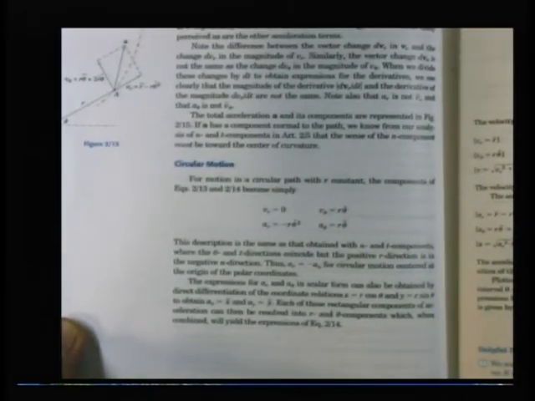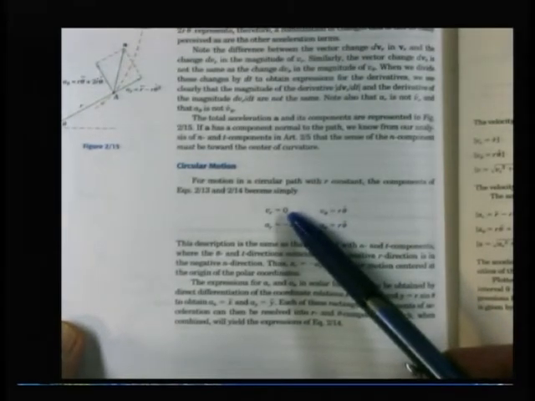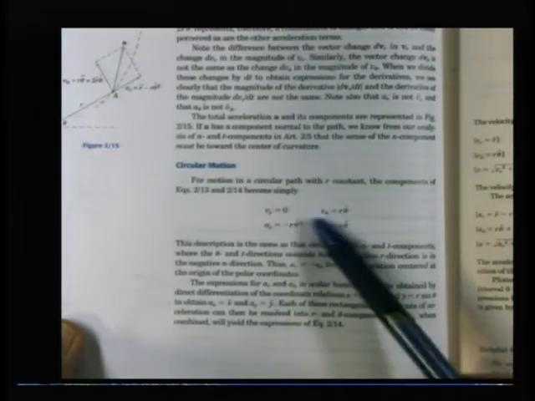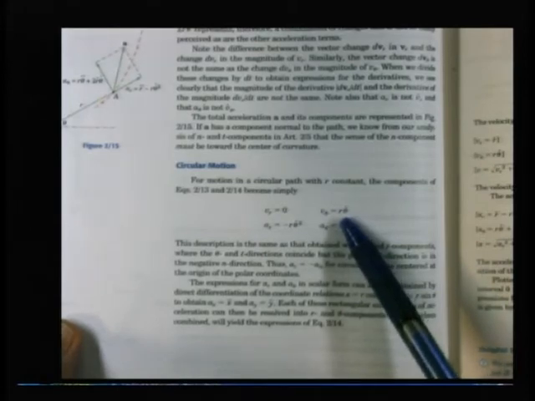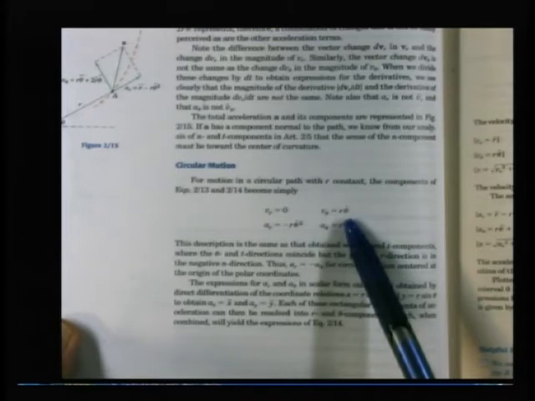In the case of circular motion, look what happens here. You're going to have no radial component of velocity if you're in circular motion. And your theta-directed velocity is your familiar r theta dot, or oftentimes written as r omega.